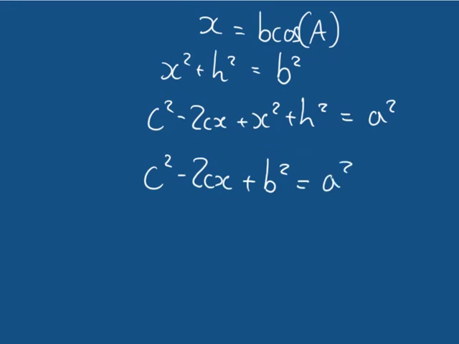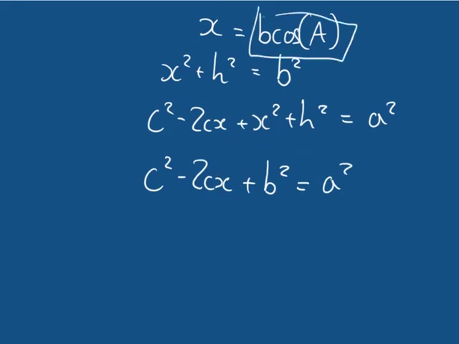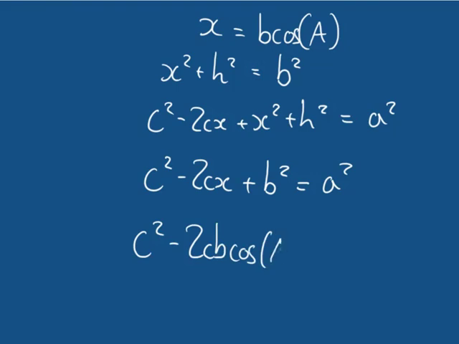You can also see that we have here a value of x, again, that we don't know, but up here we're saying x is equal to b cosine of A, so we can replace our x with this other value, and it's going to give us an equation in terms of things that we know from our arbitrary triangle. So c squared minus 2cb cosine of A plus b squared is equal to a squared.